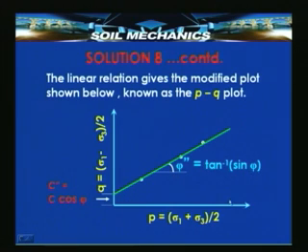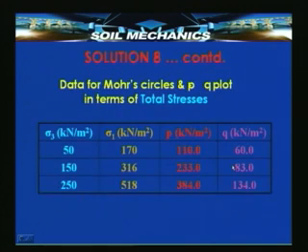By taking this straight line plot, we can find out sin phi, which is equal to tan phi double dash, and then from sin phi we can find phi. Then we have C double dash, which is equal to C cos phi. Knowing C double dash, which is the intercept here, we can always find out C, because phi is already determined from this. So, this is what is normally done in order to determine the shear strength parameters.